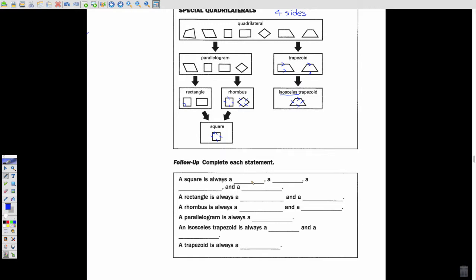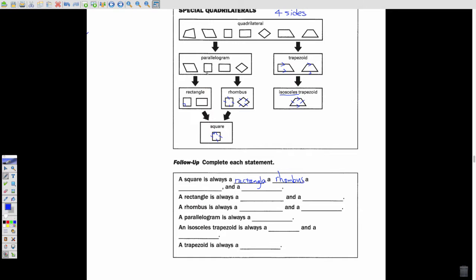So here's a follow-up. I will walk you through this because it is actually rather challenging, but it's easiest if you look at it this way. A square is always a rectangle. Going this way, it's always a rhombus, that's how you spell it.